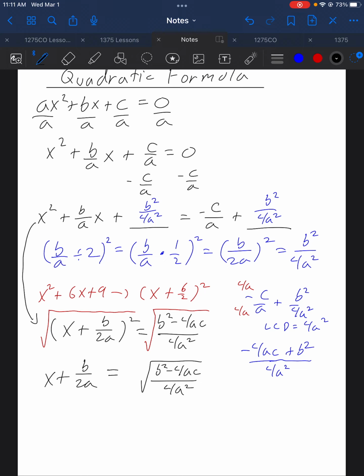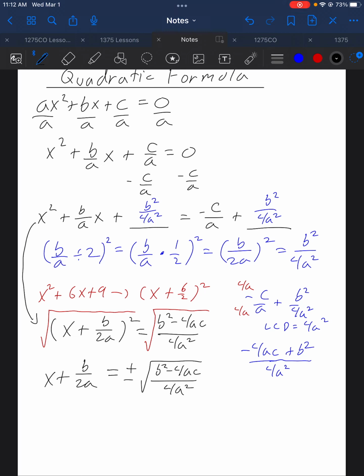If you forgot, and I hope you didn't, remember that's a plus or minus radical b squared minus 4ac over 4a squared. Do not forget this plus or minus. It is very, very important. We've talked about it in class.